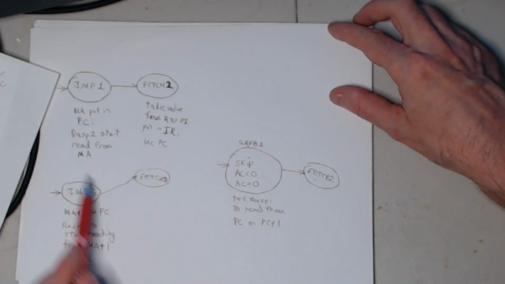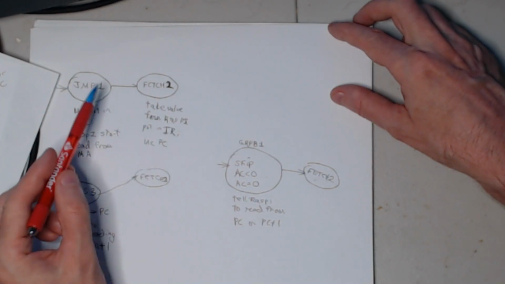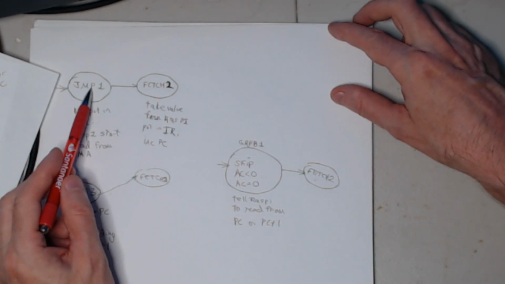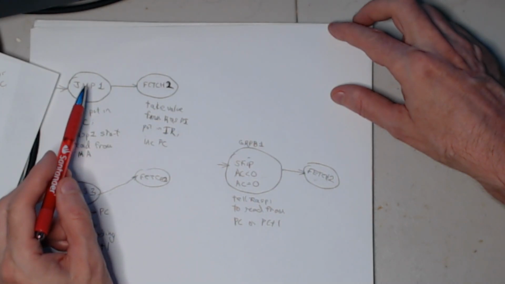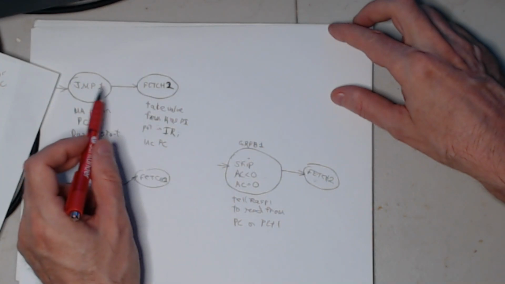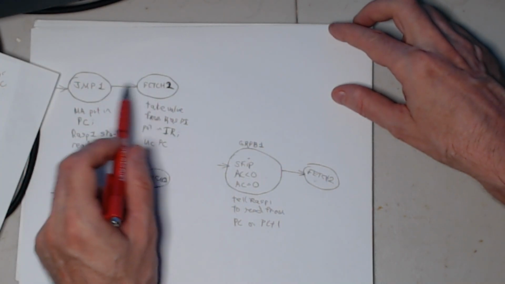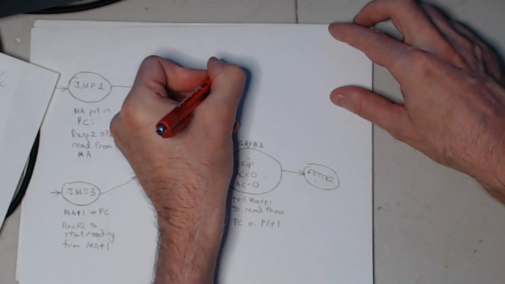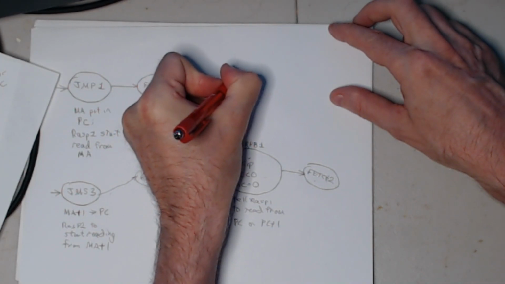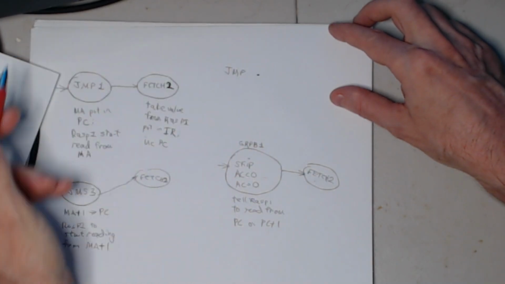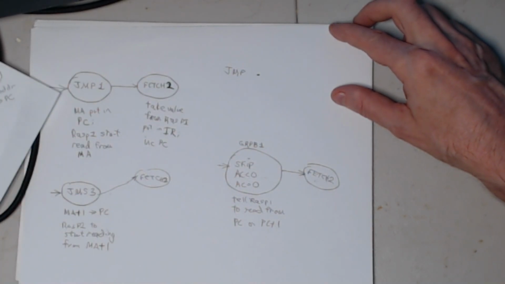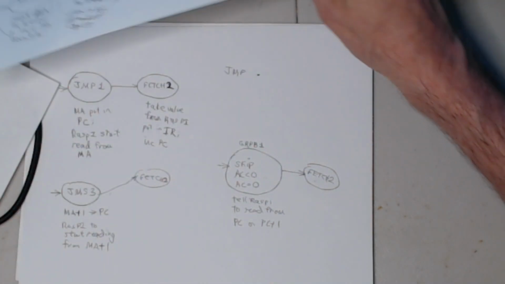Now another note here is if you set a jump instruction to jump to itself, you would say, oh, well, it'll never recognize an interrupt. If you did jump to self, that would go to fetch 1. Let me get the sheet here for fetch 1.